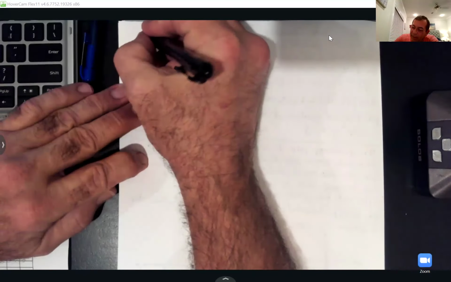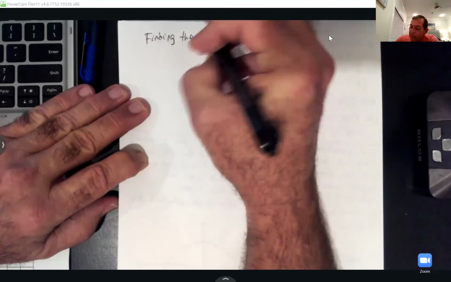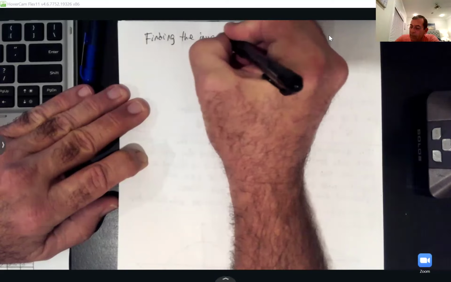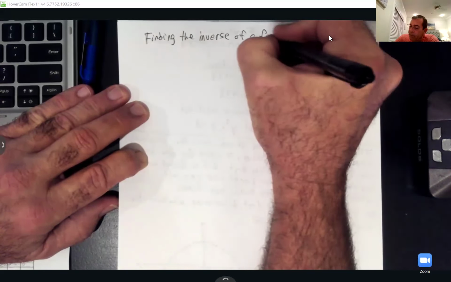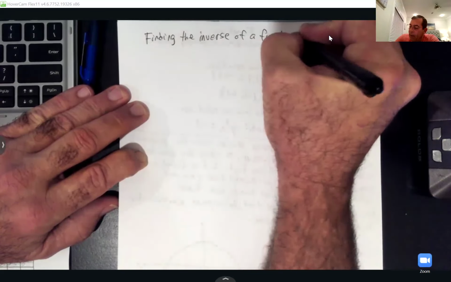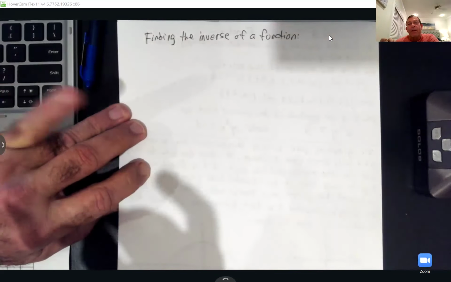All righty, so let's get into the big thing for today. And that is going to be finding the inverse of a function. Now remember, f of x was function notation.